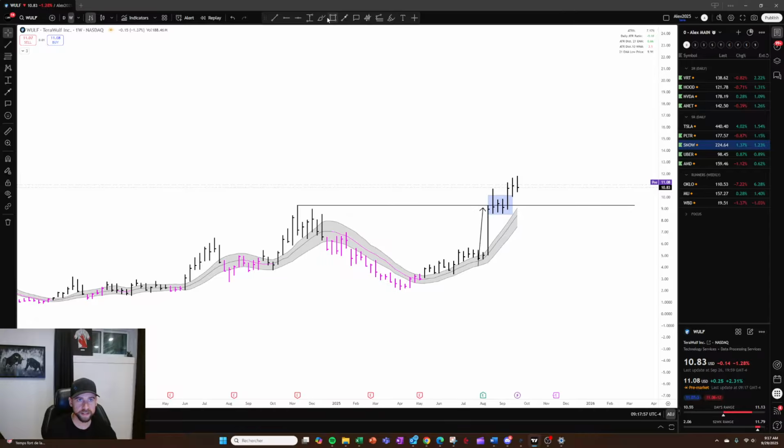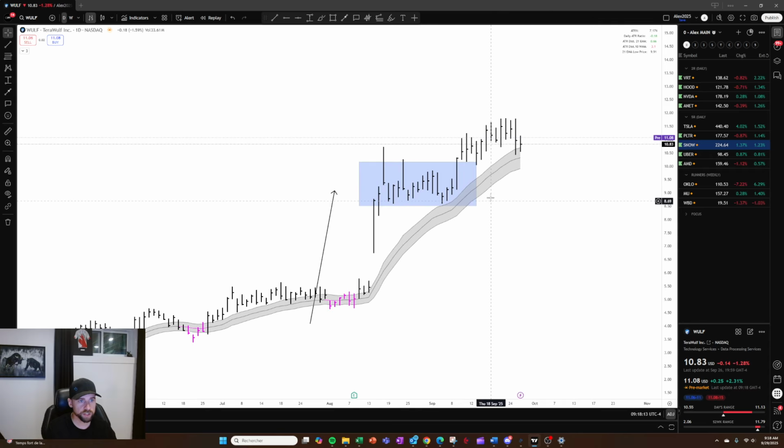That's way too extended. It needs time to digest, to form some type of handle, which it made. So two tights, inside day, a failed breakout, and then a new high. And now it seems that it's just building some type of high tight flag.